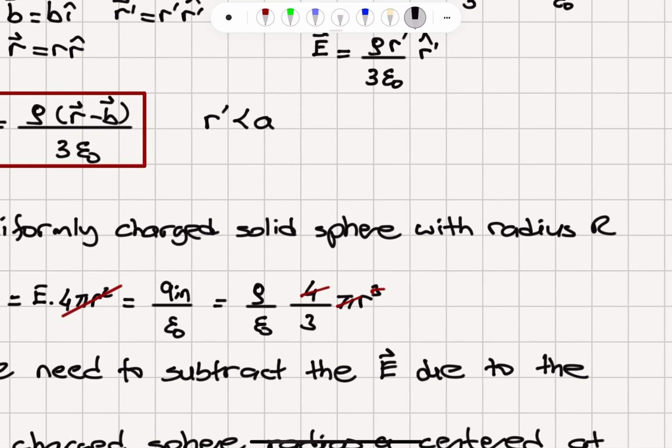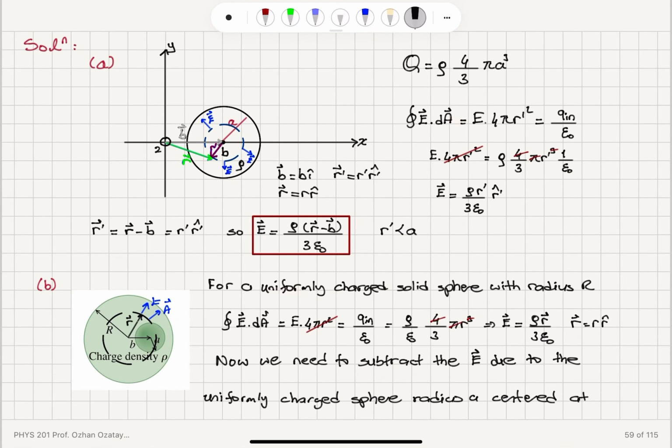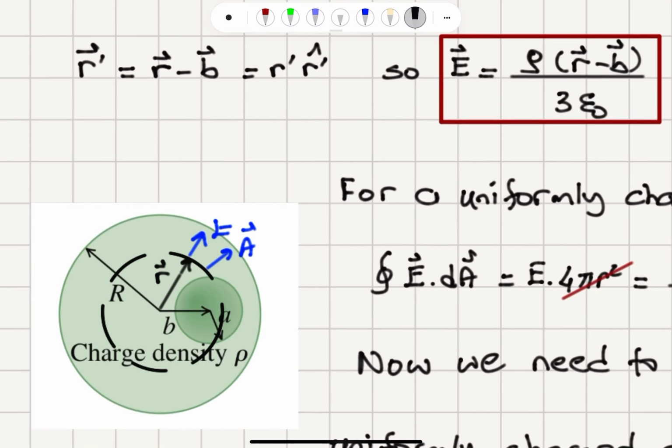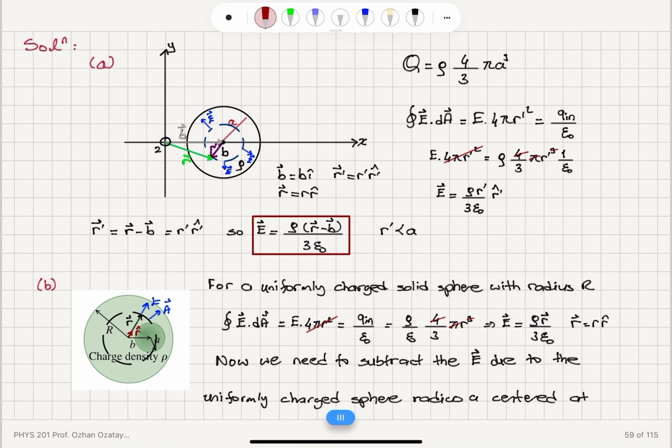So I will find that the electric field due to this uniformly charged solid sphere without a hole in it is rho r divided by 3 epsilon 0. It's in the radially outward direction, so the vector is r in the r hat direction, which is the radially outward direction.